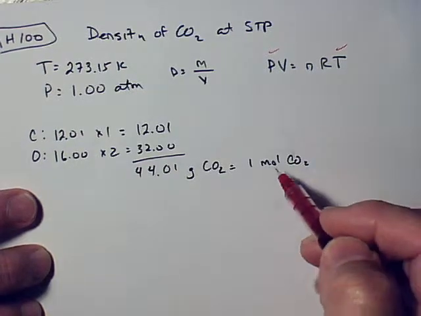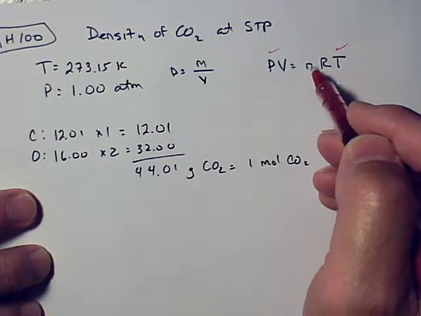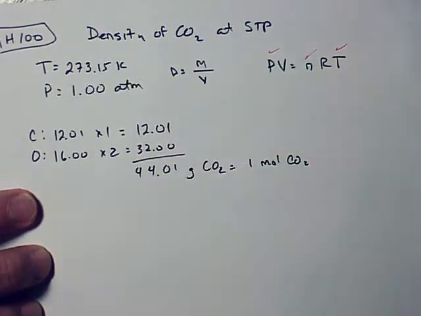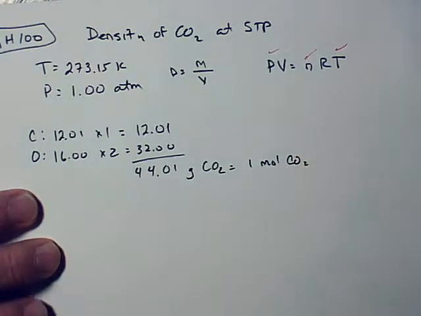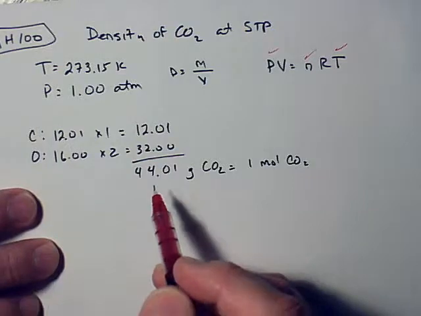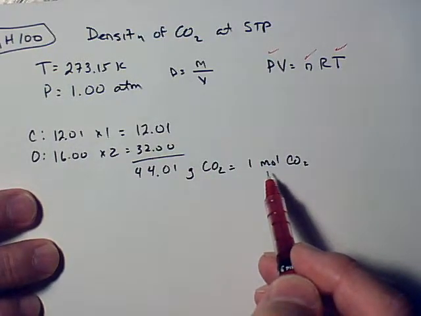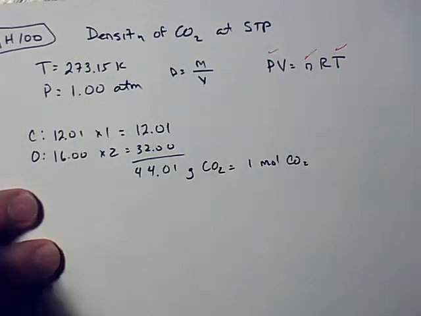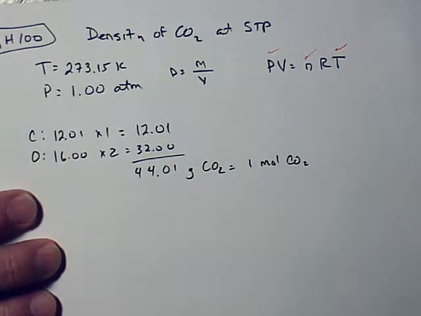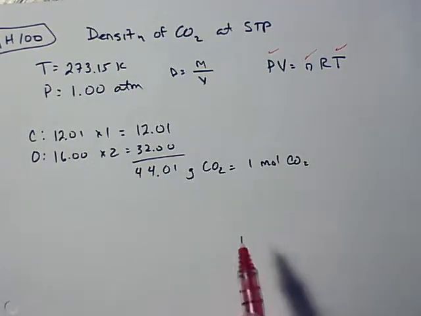We could calculate the volume of 1 mole, couldn't we? Then we can put the mass we have over that volume and we'll have density, correct? Does that make sense? You with me? Okay. That's all we've got to do.